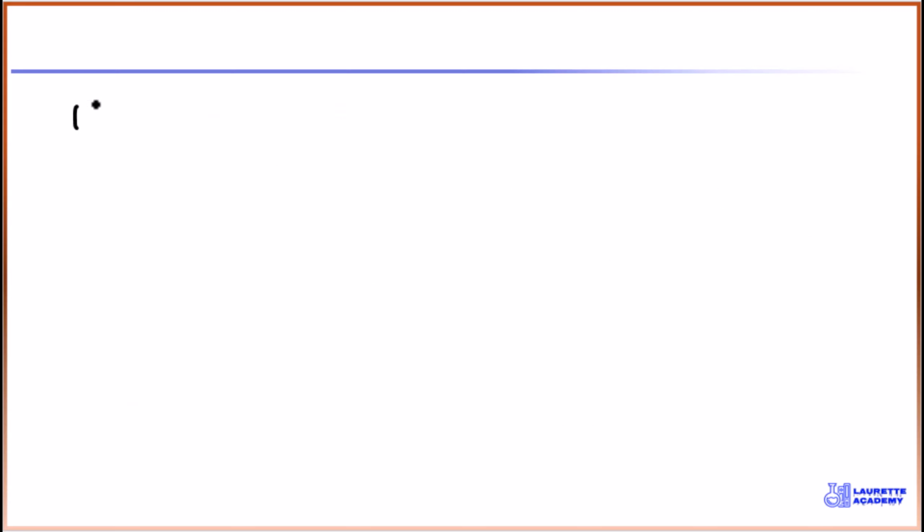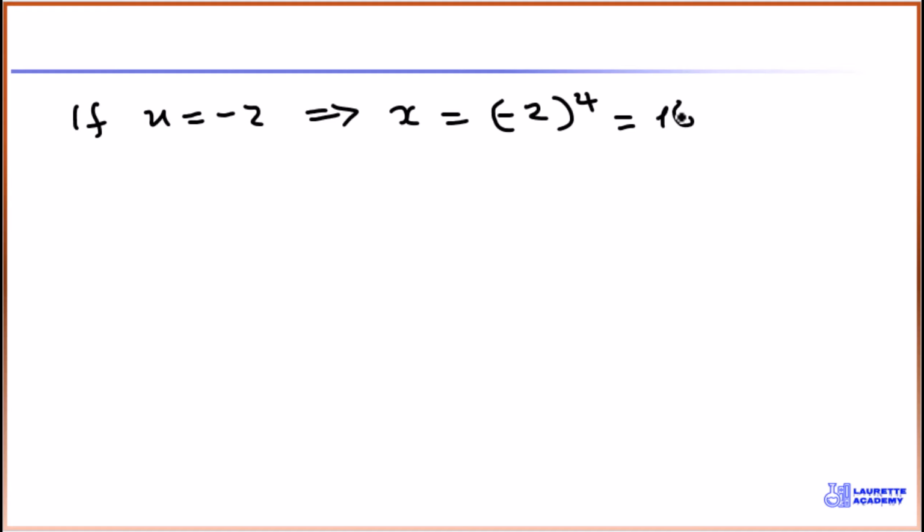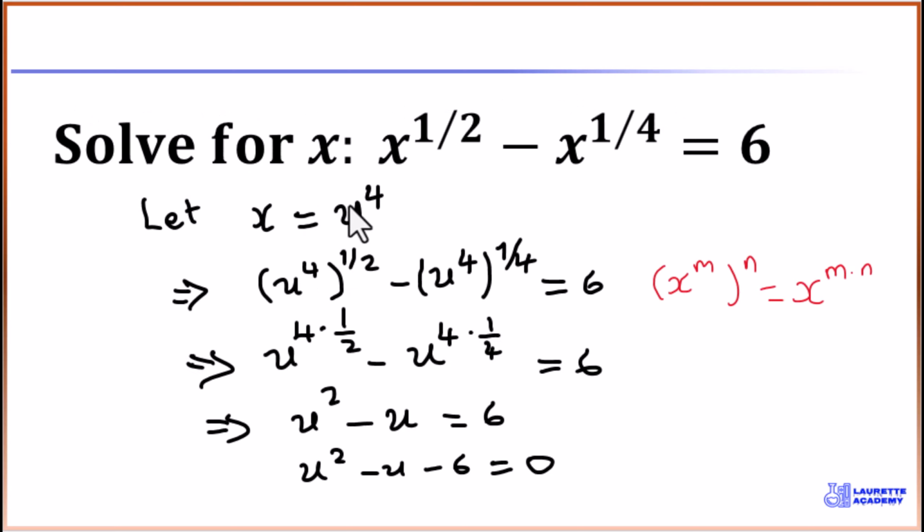Similarly, if u equals minus 2, it implies x equals minus 2 raised to the power 4, which is equal to 16.